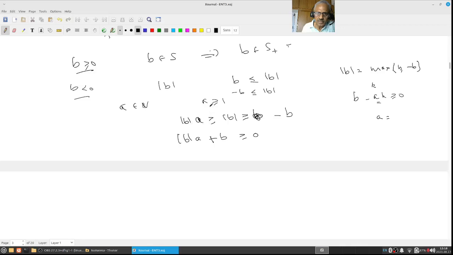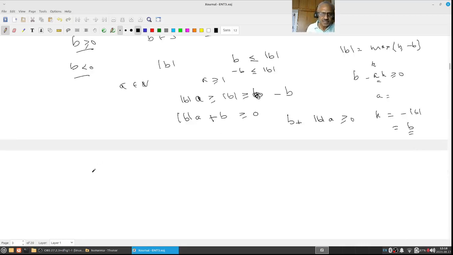Since a is greater than or equal to 1, mod b times a is greater than or equal to mod b, which is greater than or equal to minus b. Therefore b plus mod b times a is greater than or equal to 0. Therefore, if we take k equal to minus of mod b, I am through, since b is negative. Therefore, S plus is non-empty.